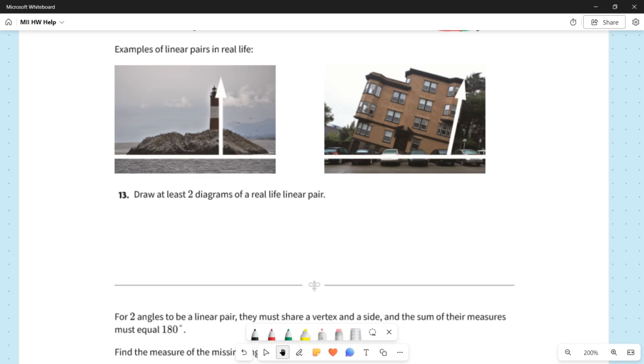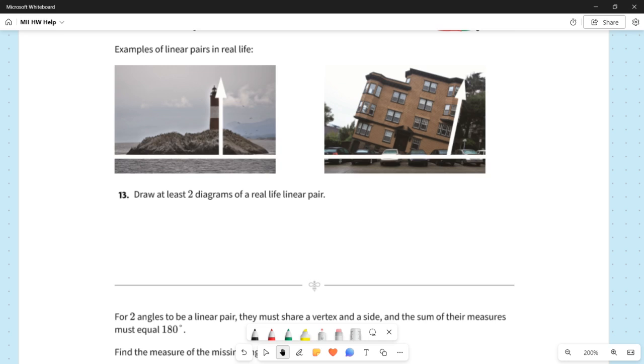And then over there on the right, I'm guessing this is a picture from San Francisco, and the perspective of this picture is interesting because it looks like the building is tilted, but chances are the building is straight and the street that we're on is tilted. So this is probably built into the side of a hill here.